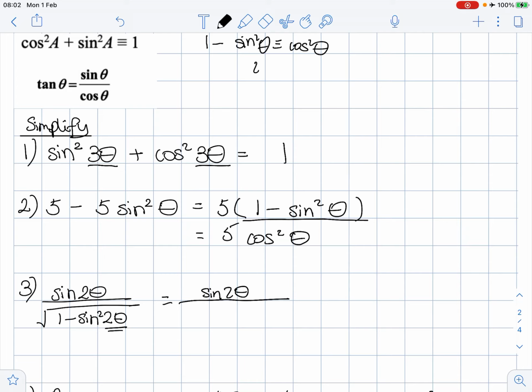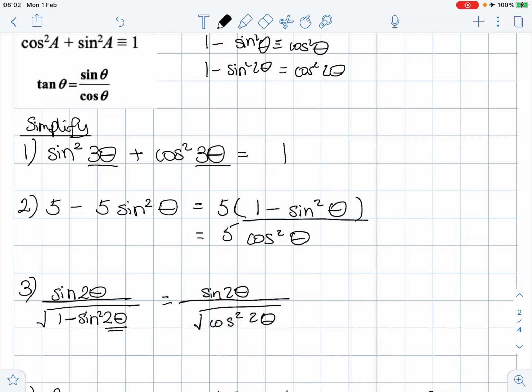But in this case, instead of theta, we have 2 theta. So 1 minus sin squared 2 theta is the same as cos squared 2 theta. So we have the square root of cos squared 2 theta.